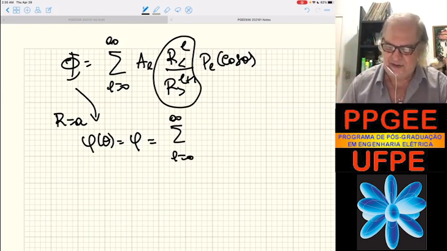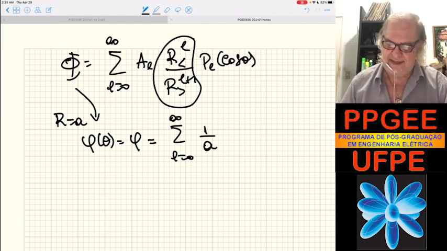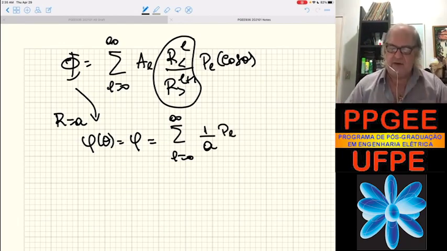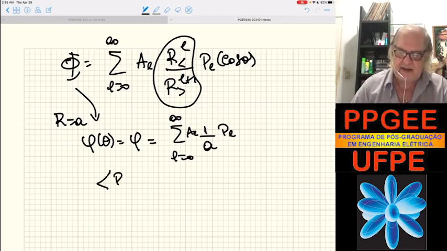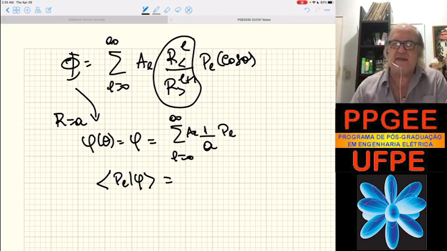Sorry about the mixed words here, 1 over R PL times AL. So I make a scalar product of PL with phi, to isolate a single parameter.